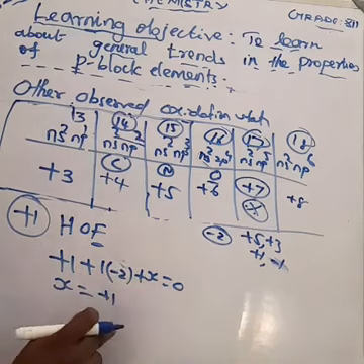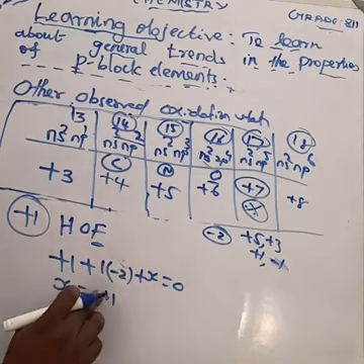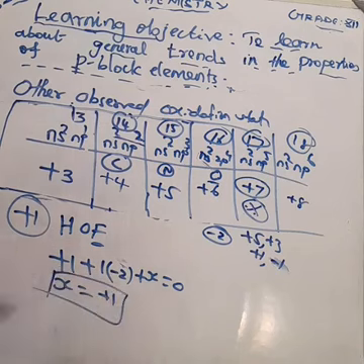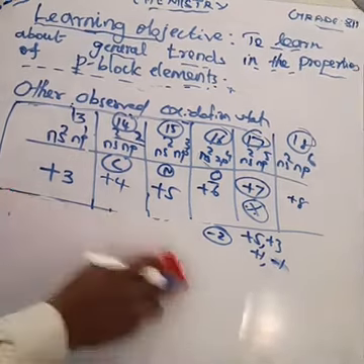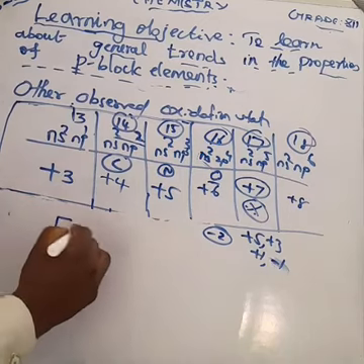X is equal to plus 2 minus 1. X is equal to plus 1 oxidation state. Am I right? Plus 1 oxidation state. HOF. What about the minus 1? All of you know that fluorine gaining 1 electron gives the F minus ion. So minus 1 oxidation state.